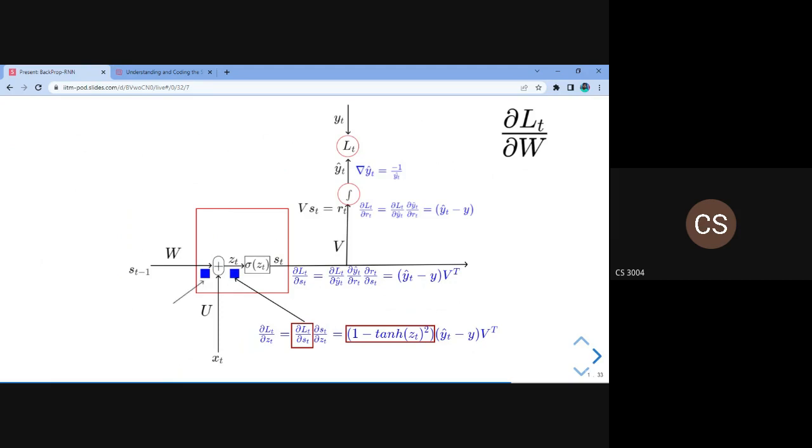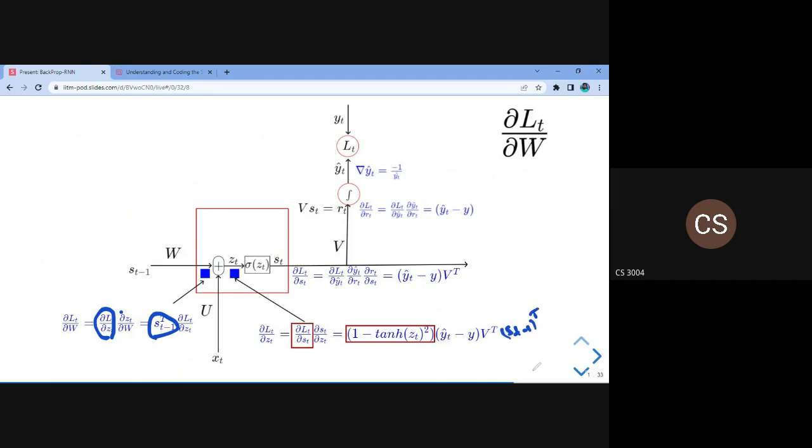Now we have to compute how my loss changes with respect to W. I have already computed dou LT by dou ZT, which is the entire equation here. I have to compute dou ZT, which is a vector, with respect to this W. If you compute that, it turns out to be ST minus 1 transpose. With all these terms, I just need to multiply by ST minus 1 transpose.